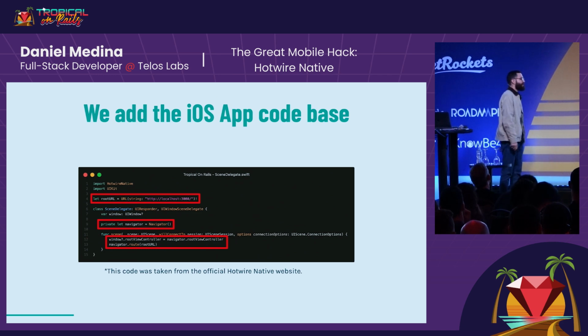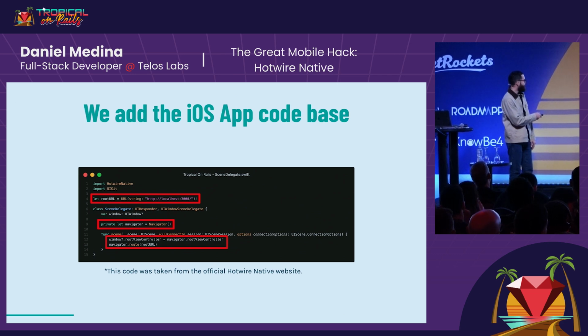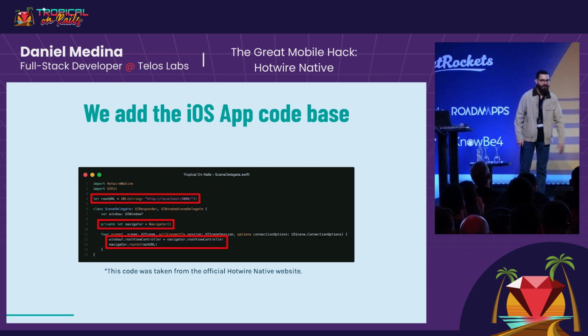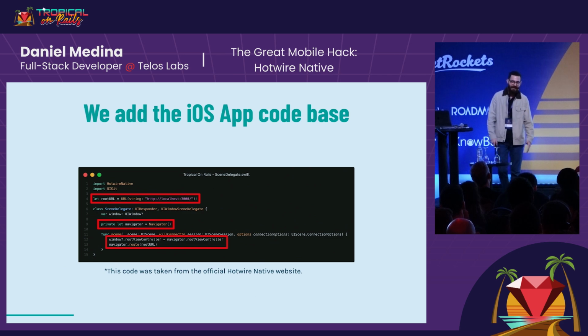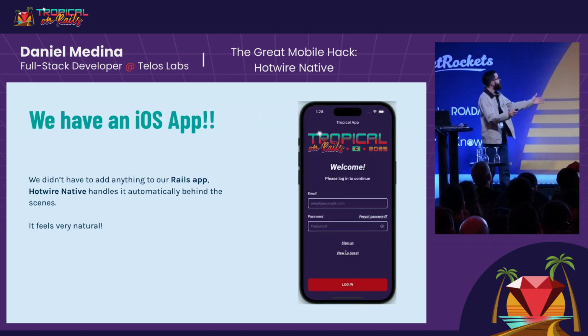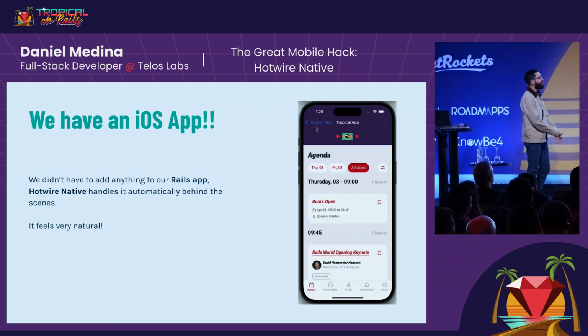It lets you display and navigate web content in the iOS app. This makes it feel so natural, very easy. Then we just tell the navigator to go to the URL that we set up previously. And voila, we have an iOS app.